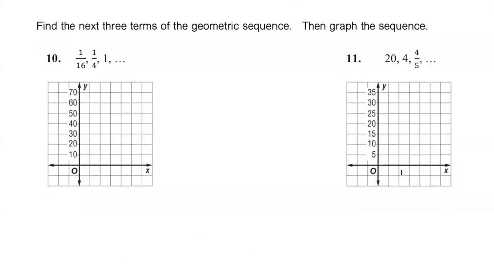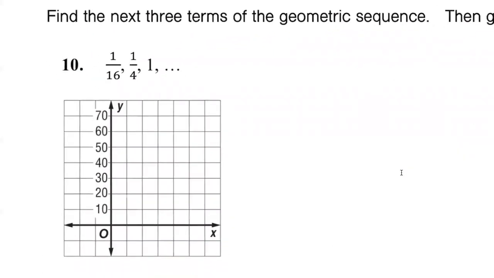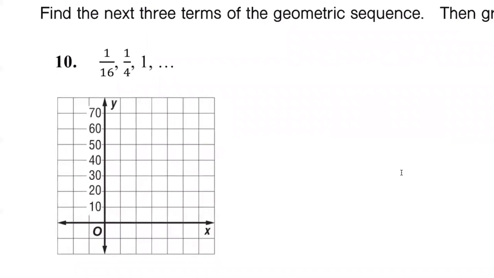Find the next 3 terms of the geometric sequence. They tell you that it is a geometric sequence. You need to tell me the next 3 terms: 1, 2, 3. Go ahead and put that in the chat. Good, Joanne.